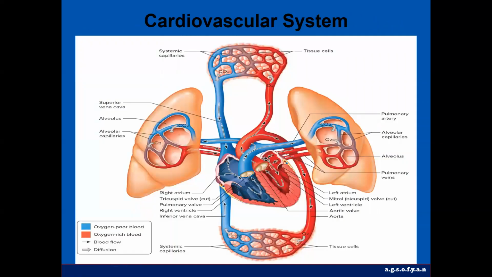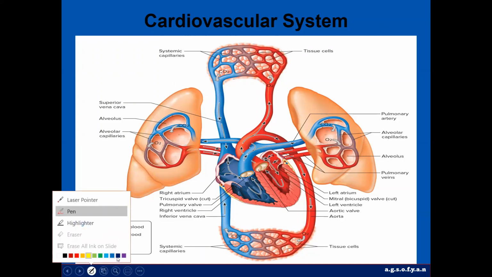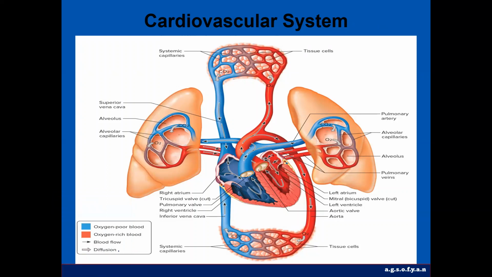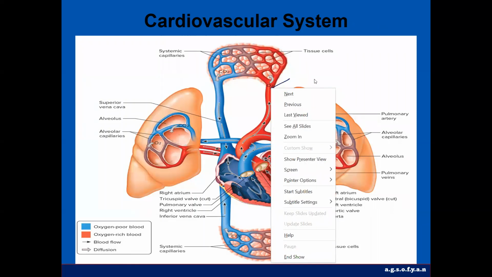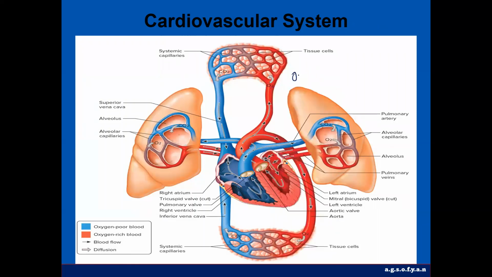Okay, so this diagram shows you how these circulations work. The color in this diagram shows that the red color means this blood has a lot of oxygen. So this is rich blood.